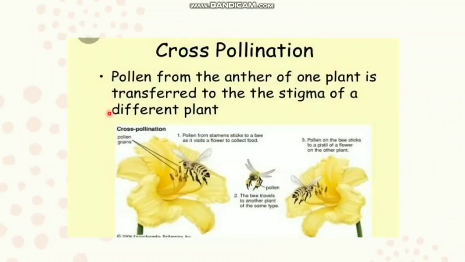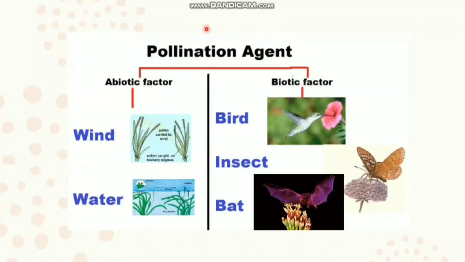The third type is xenogamy or cross-pollination. This type of pollination occurs between two genetically different plants. So, for the transfer of pollen grain from one plant to another, an external pollinator is required. Now, these external agents are known as pollinating agents. They are divided into two categories, abiotic and biotic.